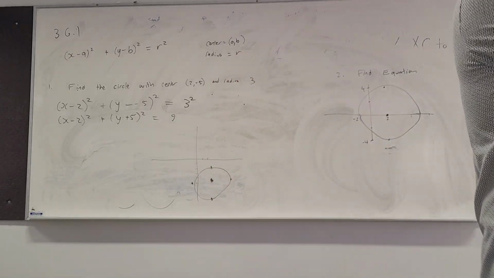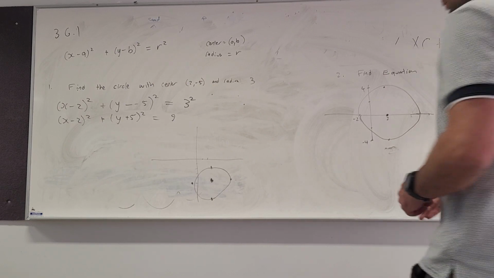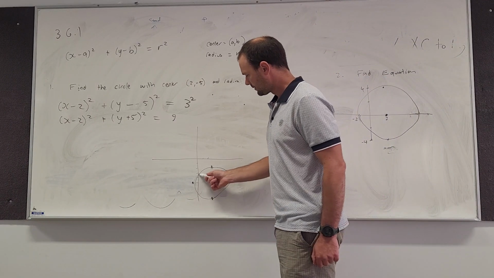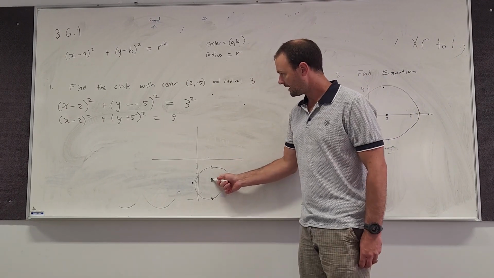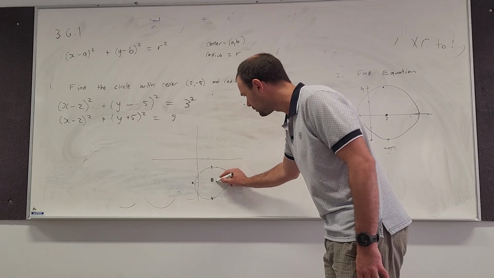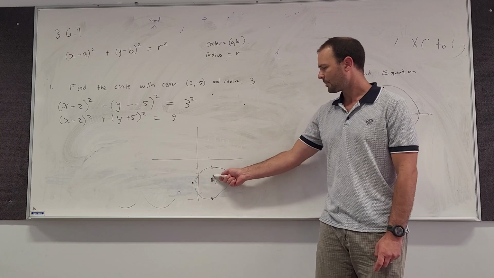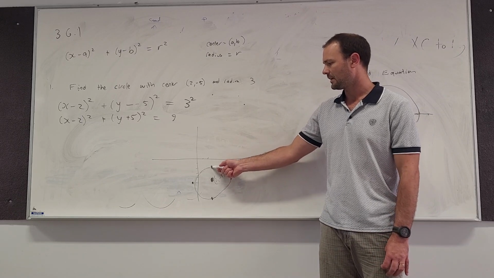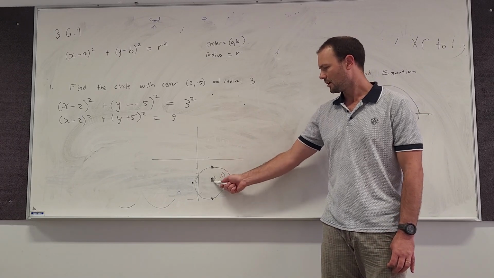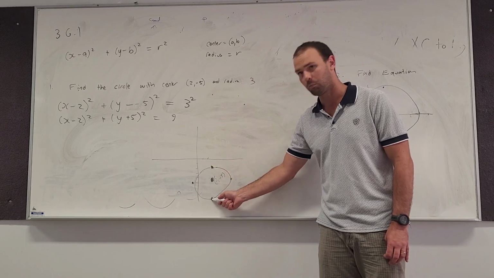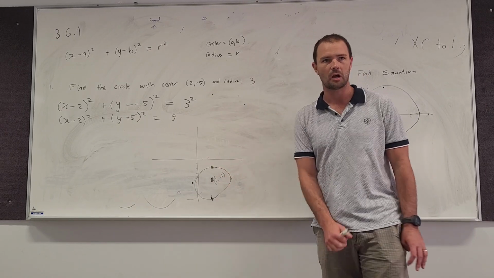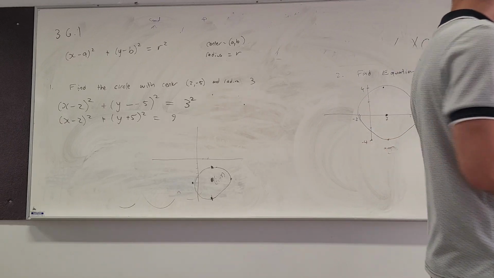All right, you'll have it on grid so it'll look much better, and you'll have the scale correct. So this point here, x is 2, y is minus 5. And then if you're going up 3 units, that's going to be at y is minus 2. If you're going down 3 units, that's going to be y is minus 8. All right, I'll give you a moment to draw them.